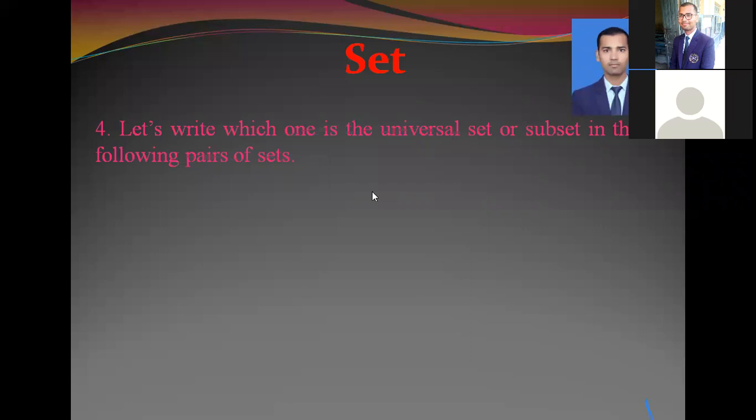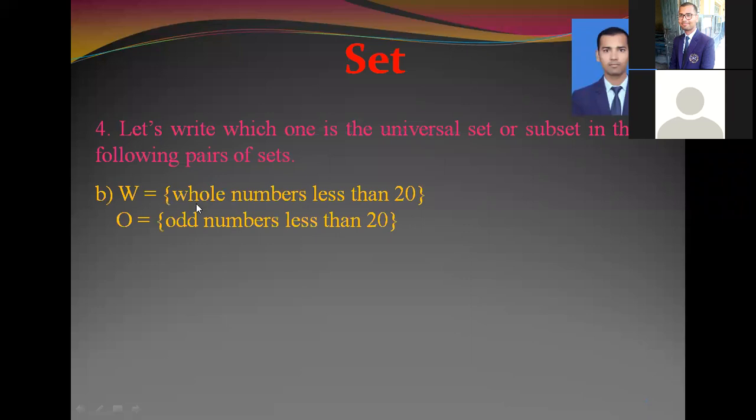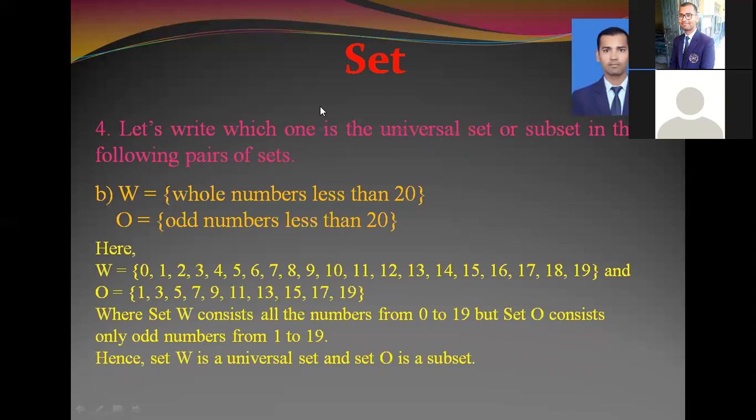Here for this we have a question: W is equal to whole numbers less than 20 and O is equal to odd numbers less than 20. While solving this, first we need to write the elements by the listing method. So W, the whole numbers less than 20, are 0, 1, 2, 3, 4, 5, 6, 7, 8, 9, 10, 11, 12, 13, 14, 15, 16, 17, 18, 19.